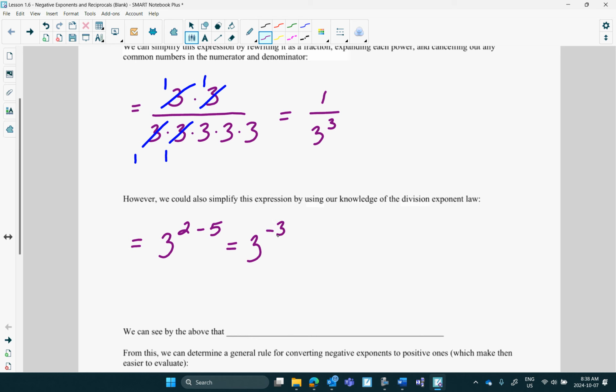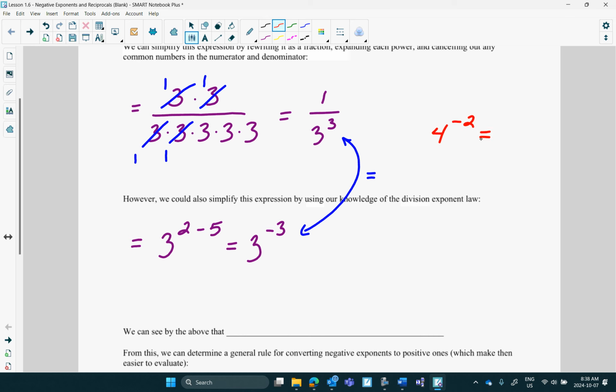So 3 squared divide 3 to the 5th could look like this, or could look like this. These are equivalent. Except I'm not used to evaluating negative exponents, but if I can write it like this, I know how to do it.